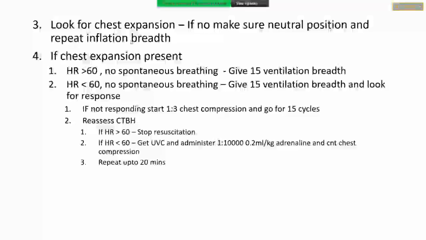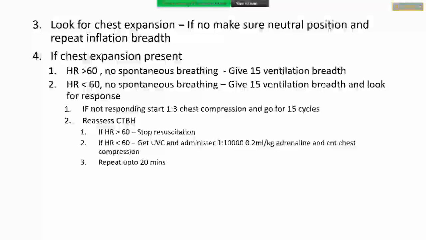While giving inflation breaths, we have to look at the chest, whether the chest is moving. Because only then can we know that whatever air we are giving is going into the lungs. If there is no movement, even with the push, then whatever we are giving is not going into the lungs.